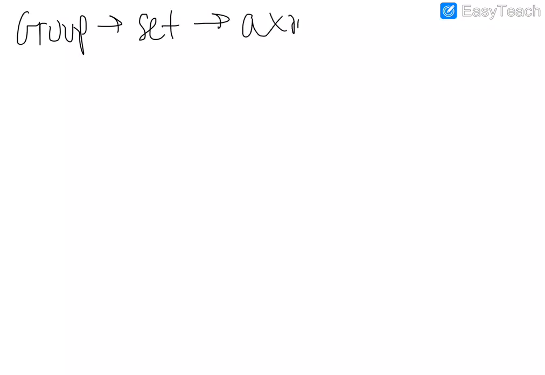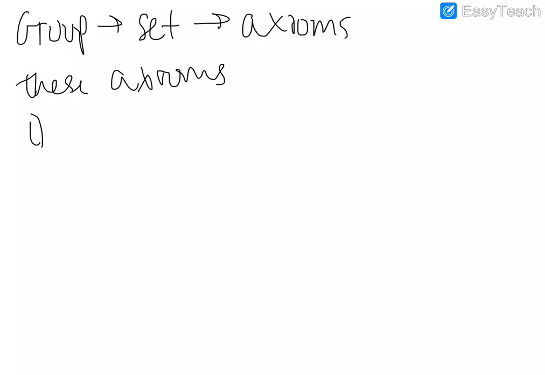Just a bit of prerequisite knowledge. A group is a certain type of set which follows a certain set of axioms. These axioms are as follows. One, we have the associative axiom.